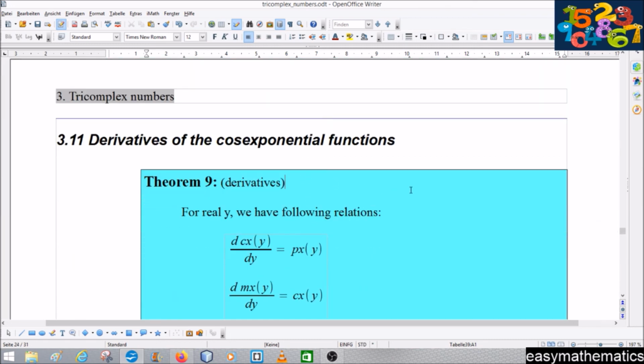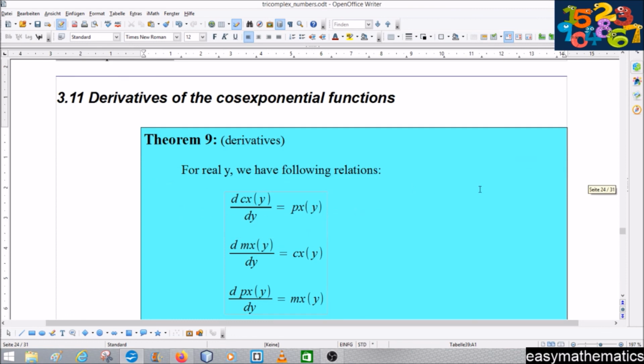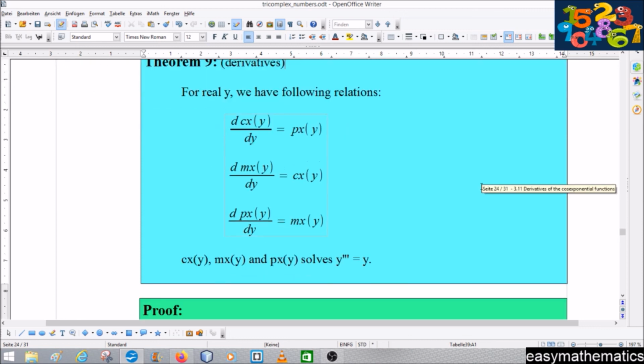And before we end, we have a last theorem. For real y, we have the following relations. The derivative of the cos-exponential is the plus cos-exponential. The derivative of the minus cos-exponential is the cos-exponential, and the derivative of the plus cos-exponential is the minus cos-exponential.